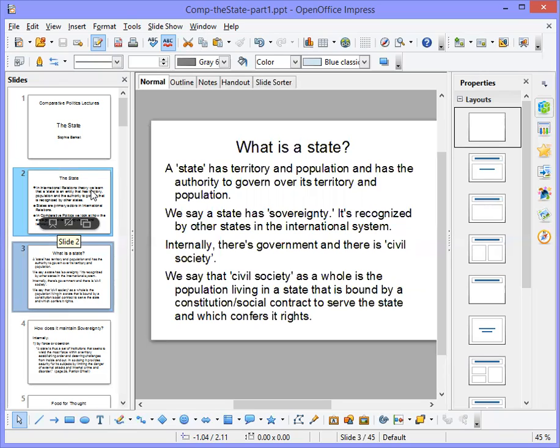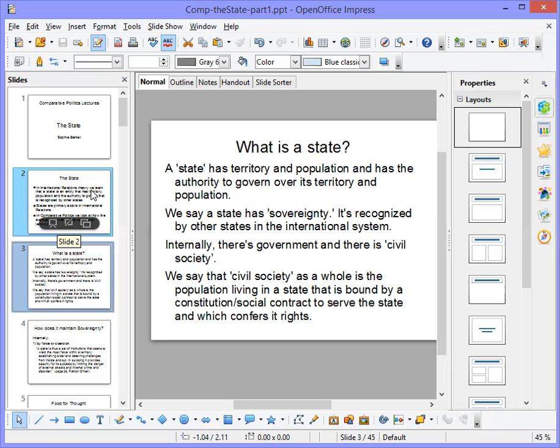We also mentioned there's a population. We call that population sometimes civil society. We hear that term a lot in political science, actually, civil society. So why do we say population suddenly is civil? And why do we say it's a society?